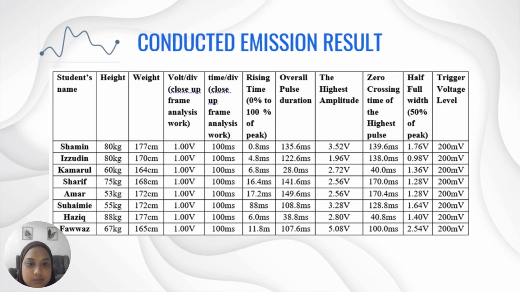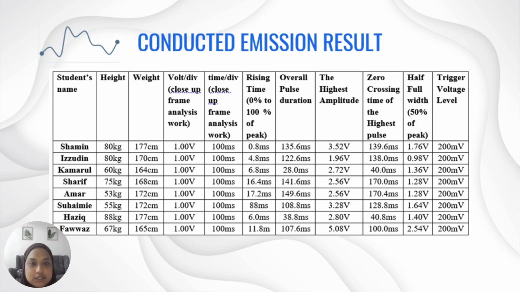Okay, now I will explain about the conducted emission result. This slide shows the conducted emission result measured using an oscilloscope for different participants. We have 8 participants. All measurements were taken under the same setting, which is 1 volt per division and 100 milliseconds time division.